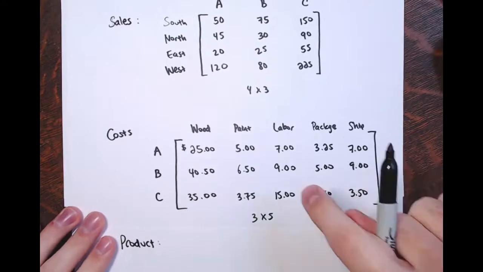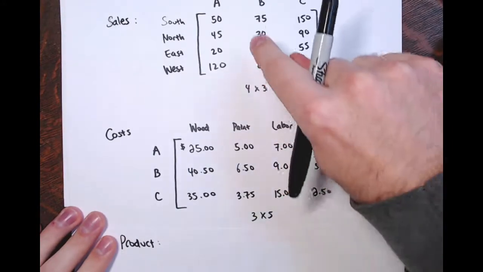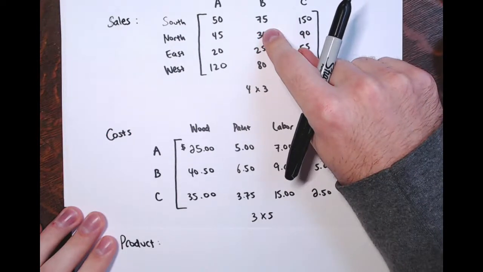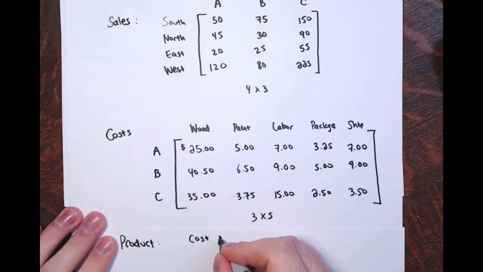I can't multiply the cost matrix by the sales matrix because the sizes don't match. The cost matrix times the sales matrix is a 3 by 5 multiplied by a 4 by 3. Those two inner numbers don't match up. The number of columns of the left matrix is not the same as the number of rows on the right.